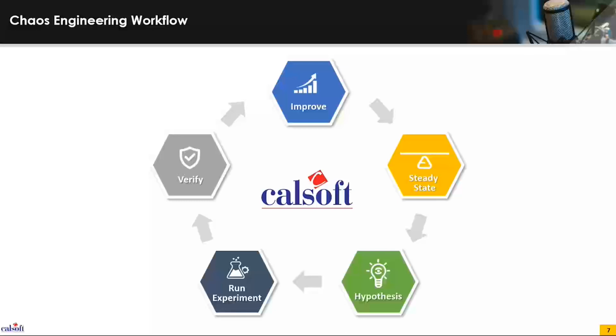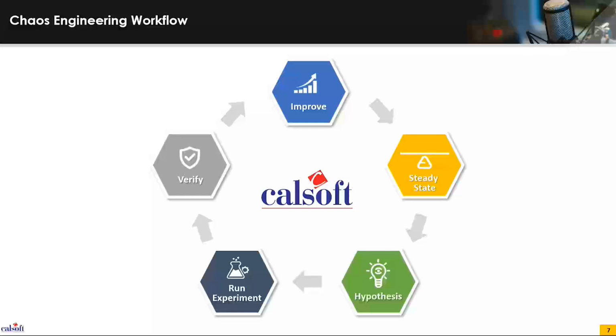That's the way you define the normal behavior of the system. In the second stage, we hypothesize, wherein we define measurable metrics like the expected latency of the system, bandwidth, throughput, and other metrics specifically of interest for that use case.